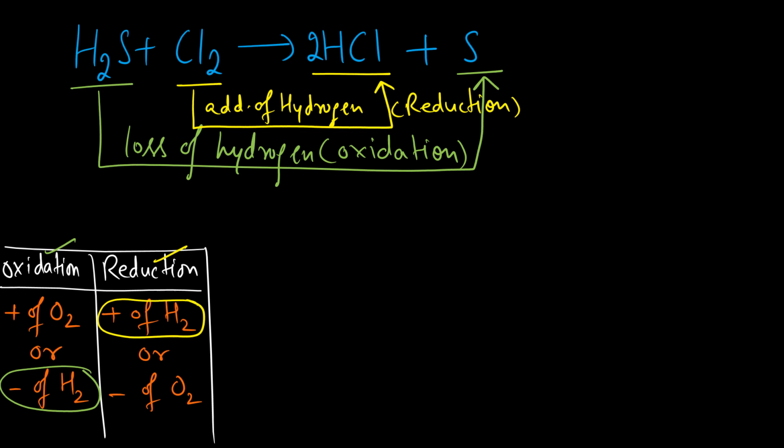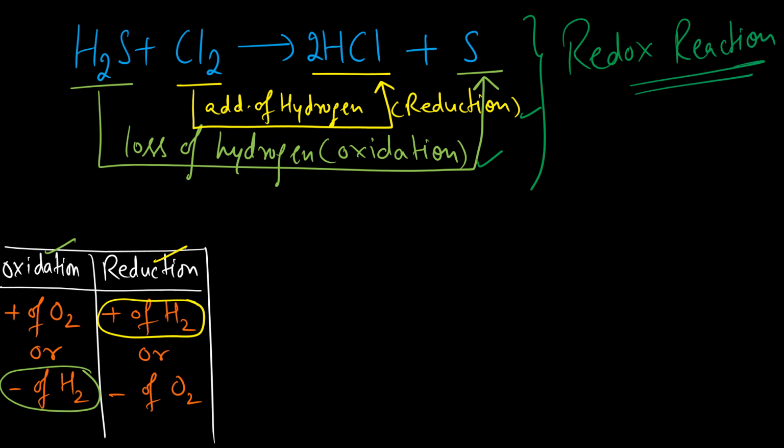So as we can see, oxidation and reduction are together in one reaction. So we can say this reaction is a redox reaction, as oxidation and reduction come together in one reaction. So this is a good example of redox. Now let's see one more example.